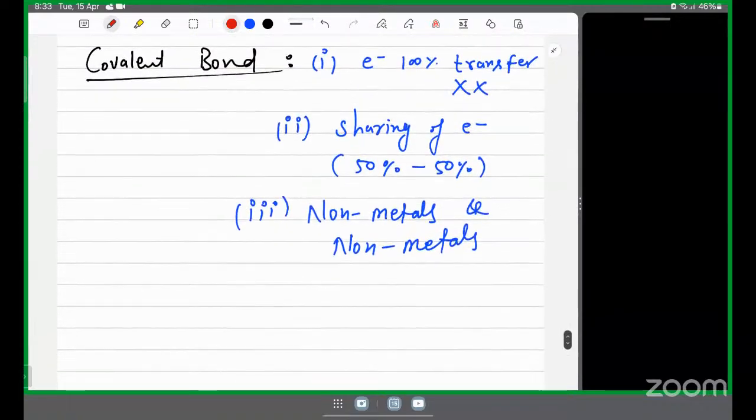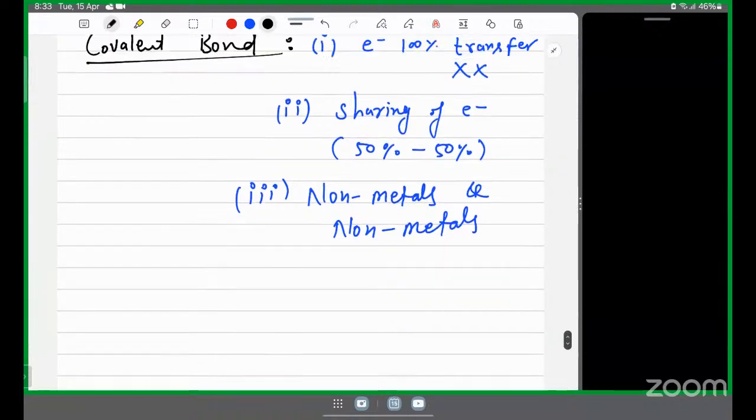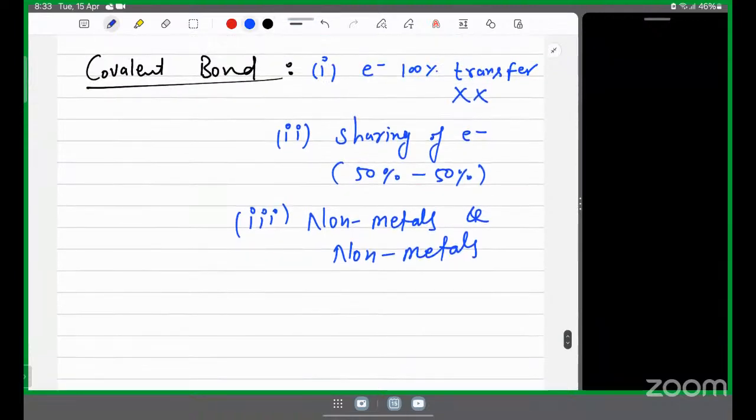Okay, next point about covalent bond is that the compounds which contain covalent bonds between the constituent particles are known as covalent compounds. And covalent compounds will have opposite properties to those of ionic compounds, which means ionic compounds are solid, hard, and brittle.